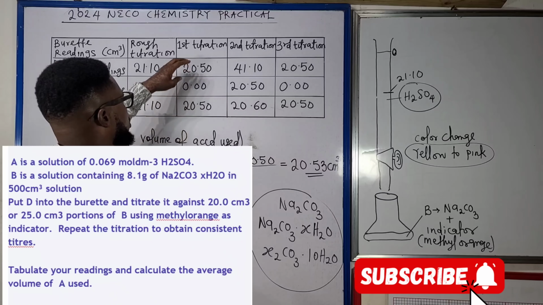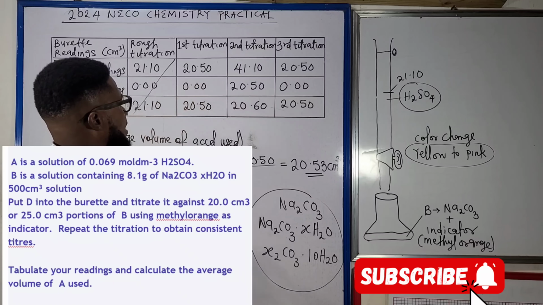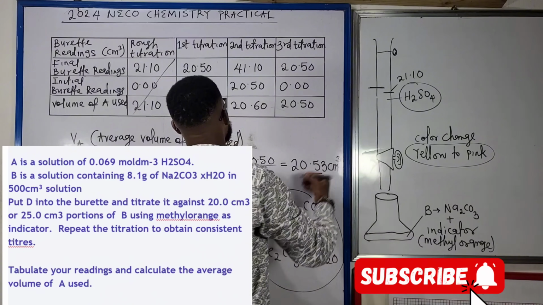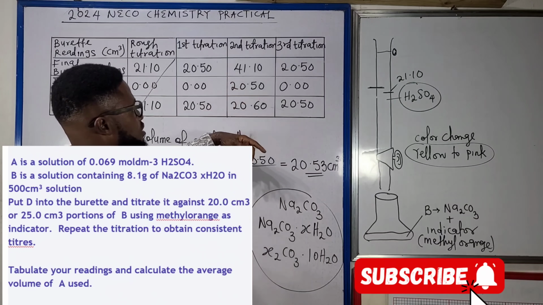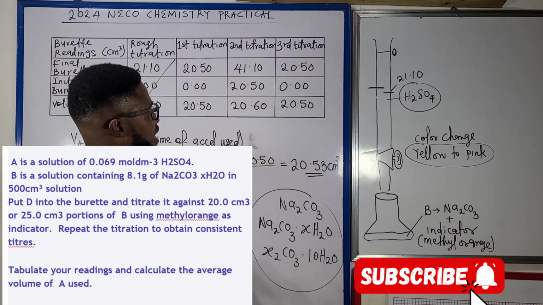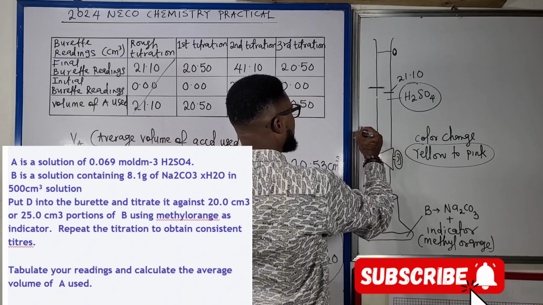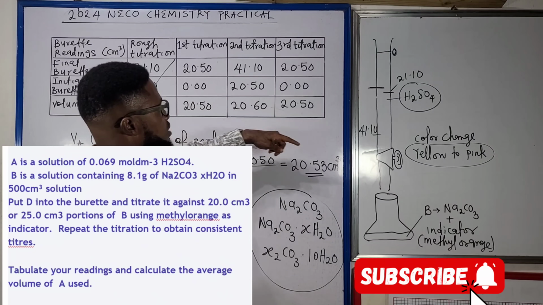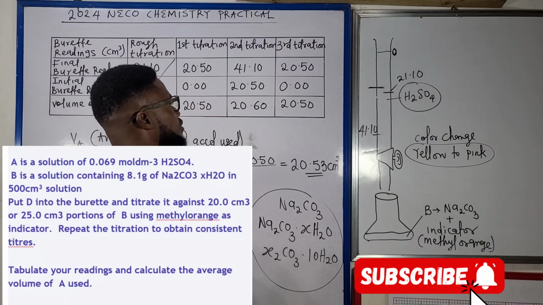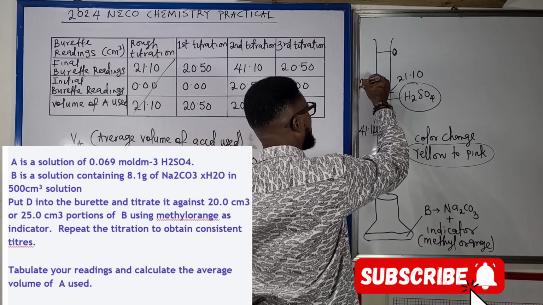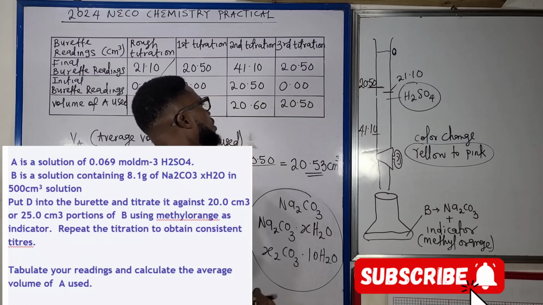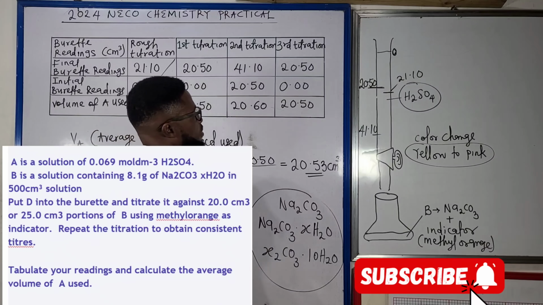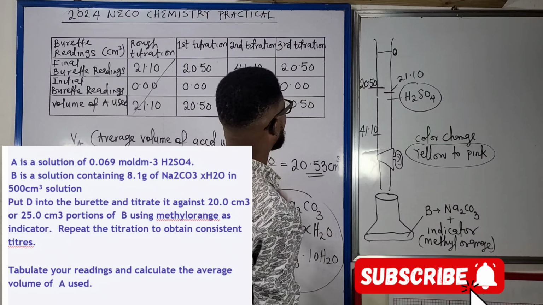Now this time around we got 20.50, and starting the second titration, we started from 20.50 and we ended at 41.10. At that point, 41.10 minus the 20.50 where we had stopped before, that gave us 20.60, and then we filled up again to the 0 mark, and we got 20.50.